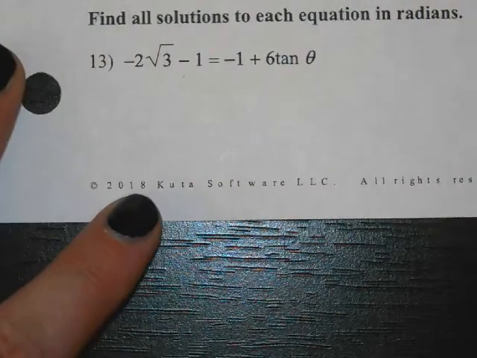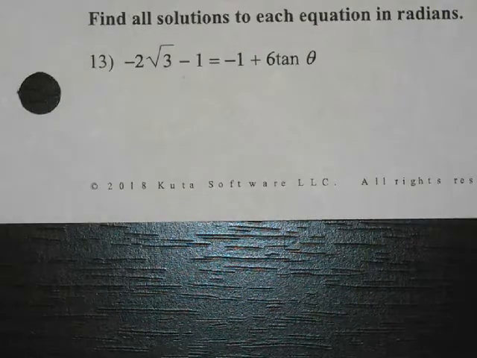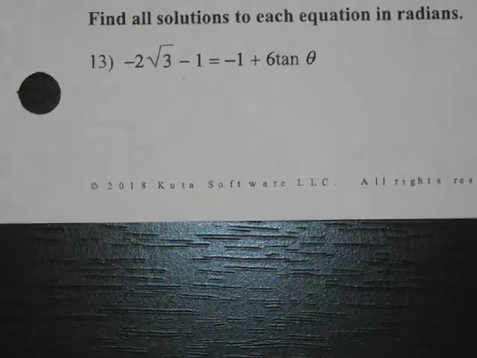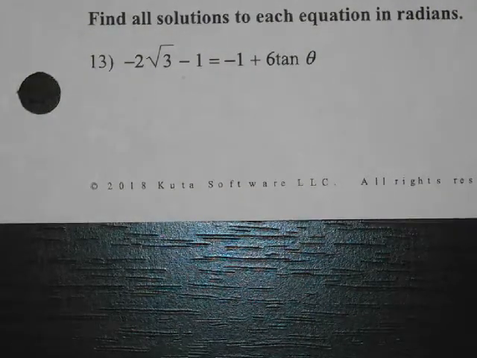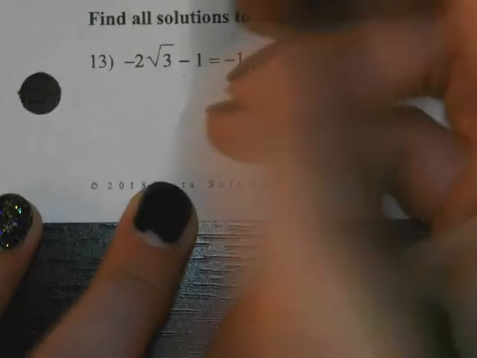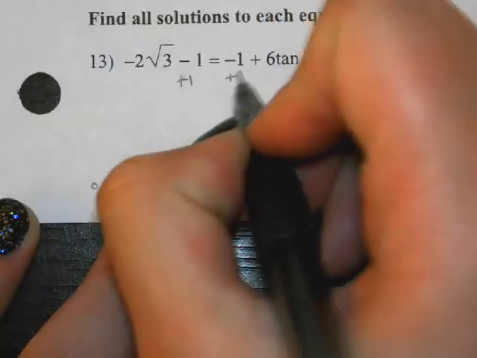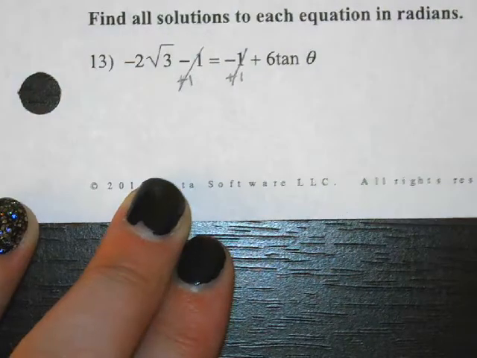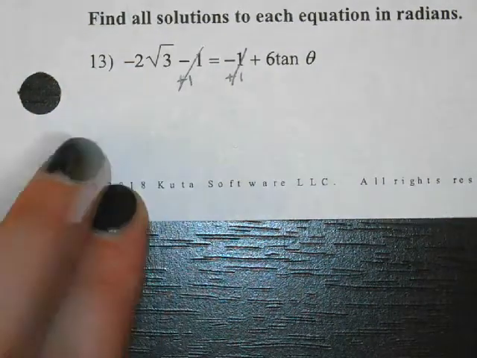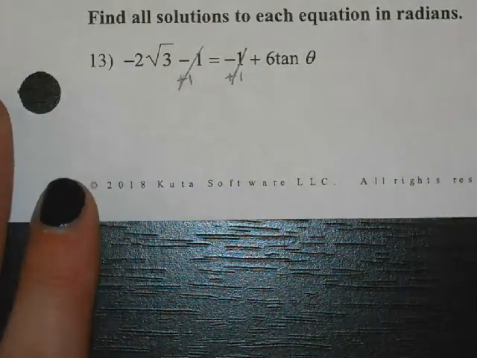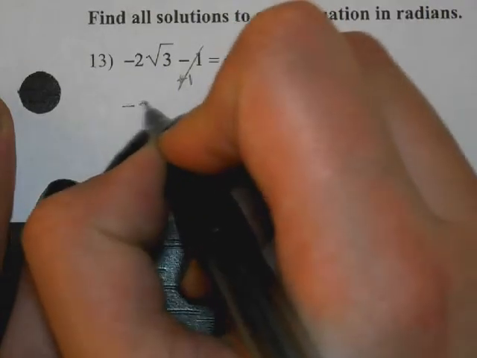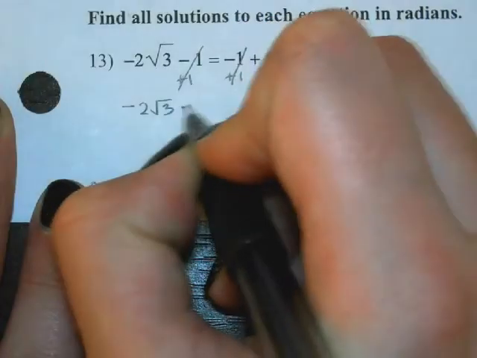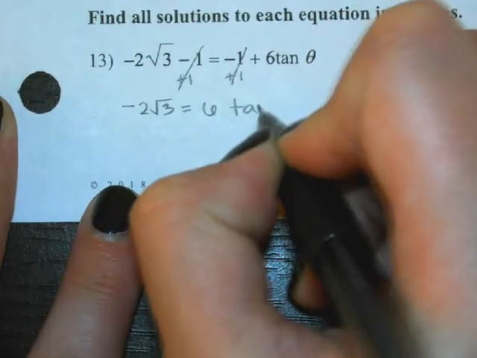So we're going to look at number 13. What's the very first thing you could do to make this problem simpler? Yeah. Add 1. So add 1 right here, add 1 right there, gone, gone. So I have negative 2 square root 3 equals 6 tan theta.